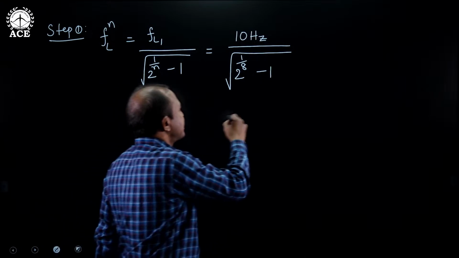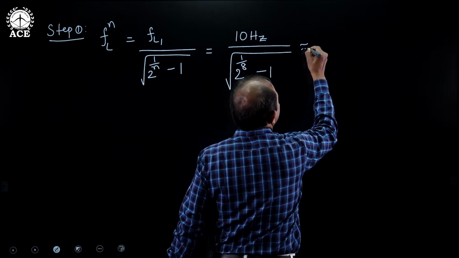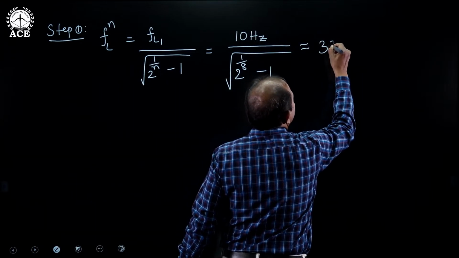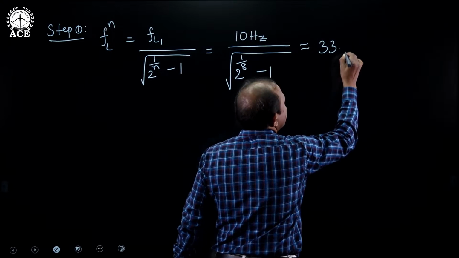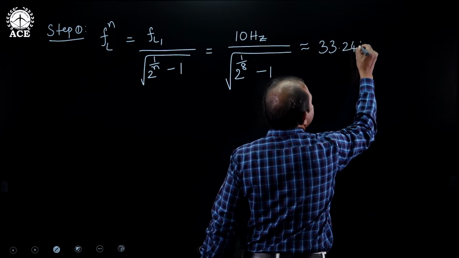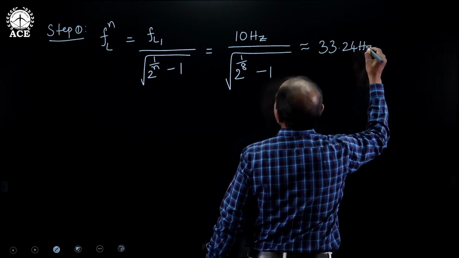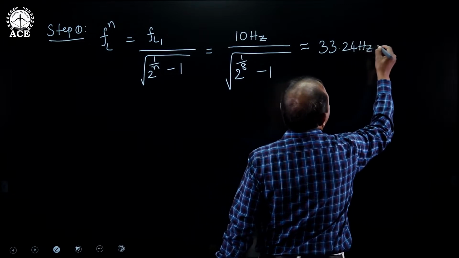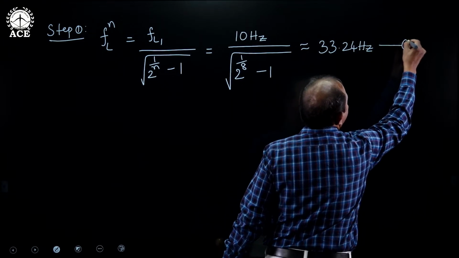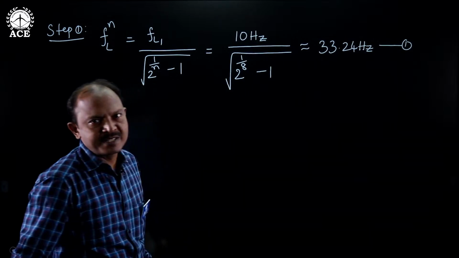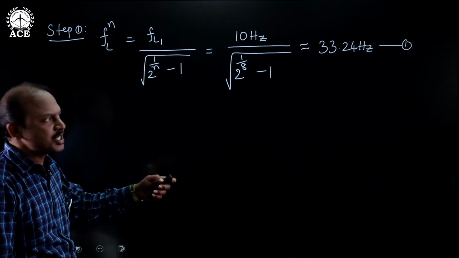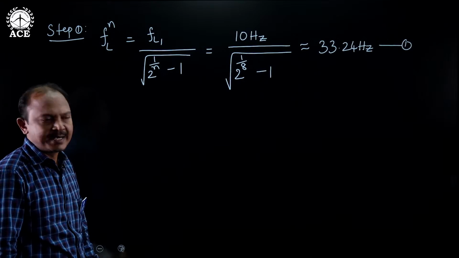By simplifying this, you will get around 33.24 hertz. The overall lower cutoff frequency of the multi-stage amplifier is 33.24 hertz.